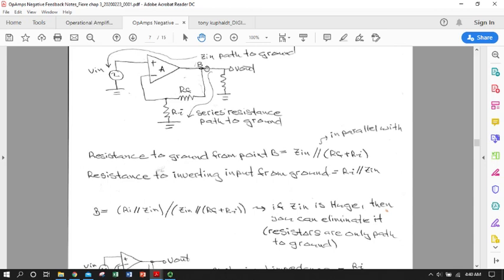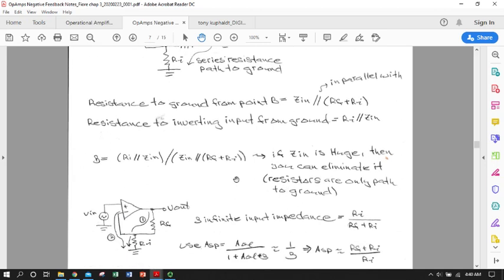So it's the fraction of V out. There's the voltage at the inverting terminal, and if the impedance to ground is defined by the impedance from point B to ground, if you multiplied this by a current, Zin in parallel with that series combination, you would get the potential to ground.